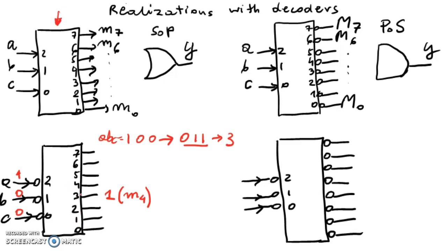So 3 is 0, 1, 1, but you must invert the bits. So you get M4. If you have 1, 0, 0, if you invert, you've got M3. If you invert bits in, you've got M2. So the order of the minterms is the opposite.